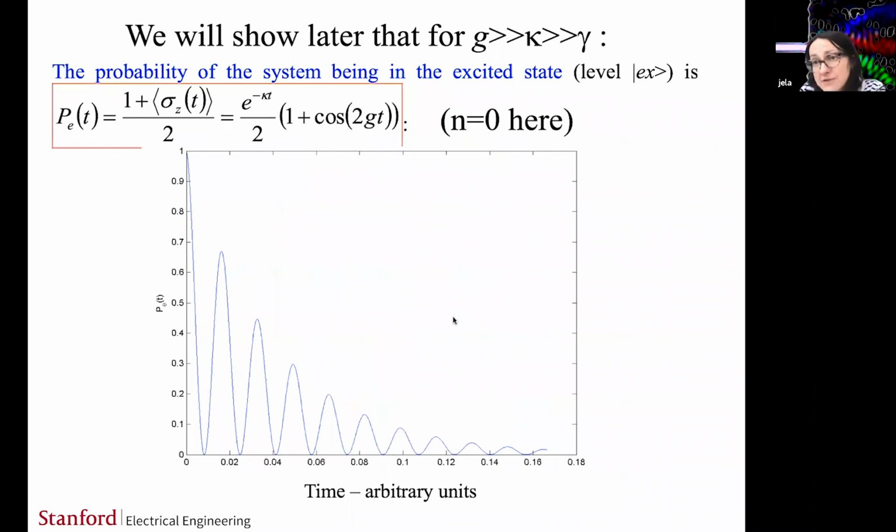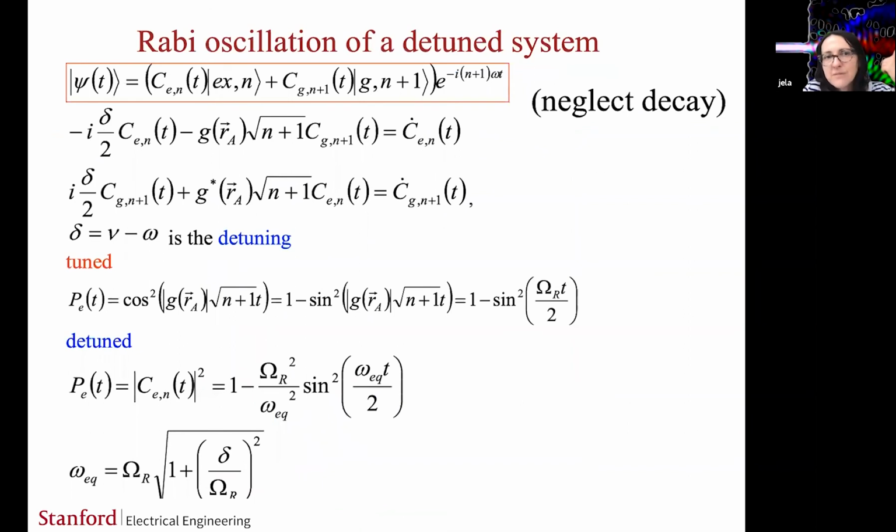If you have losses in the system, we'll see that later. It starts with the excited state, but after the first cycle, since you have a finite probability of losing a photon from the cavity, this probability never goes back to 1 exactly, because the chances of the atom reabsorbing the photon drop off. And if the system is detuned, if the atom is not perfectly in resonance with the cavity, we'll go through this later, but I just want to show you all the plots now.